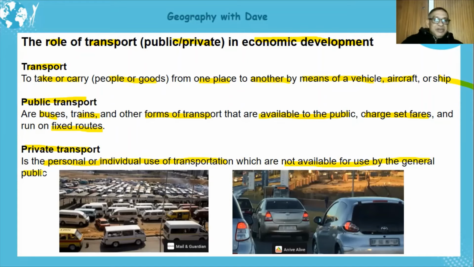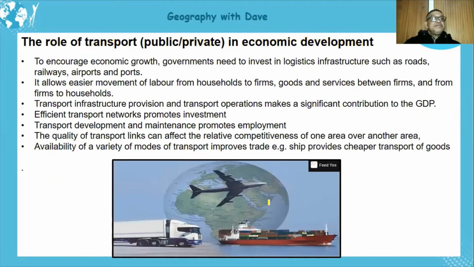Okay, now look at here, one of the big types of public transport in South Africa is the taxis. That's public. We have buses also. And there's the cars that are traveling, carrying private passengers. I know your family has the Ferrari. I'm just going to use things that I'm used to, these type of cars. Okay, so that's private transport.